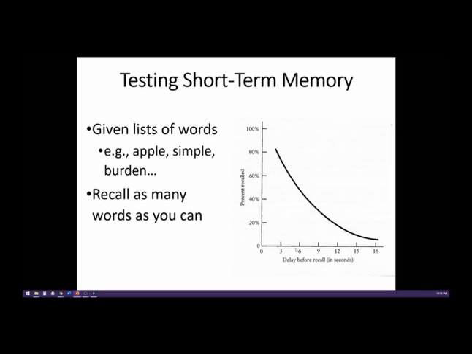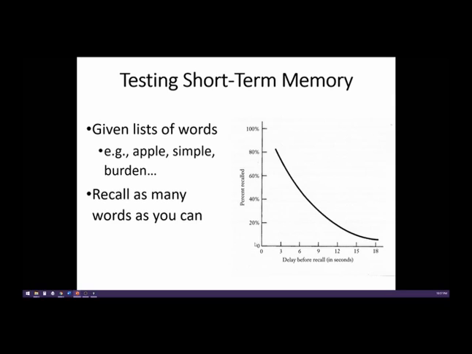So we can figure from this that once we've hit that 20-second mark, we can't remember anything from that list. Now, I should point out that when they're saying there's a delay before recall, we also have to prevent people from rehearsing, from reciting the list in their heads, because that rehearsal process, that control process, lets them hold on to that information for longer.